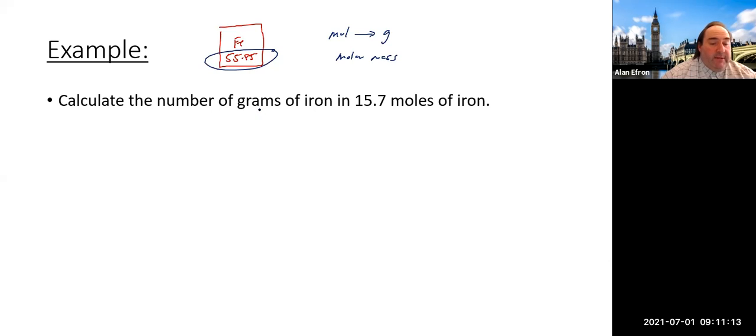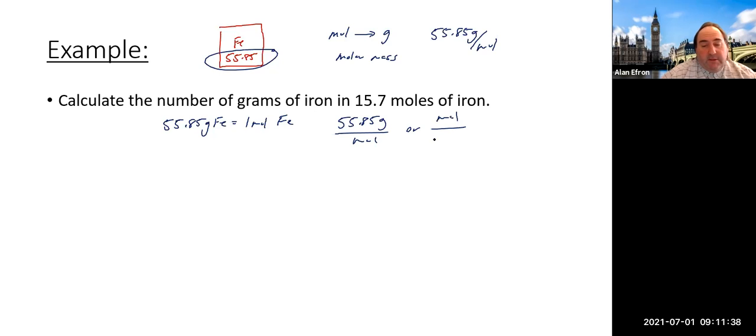When we see that number on the periodic table, that means there's 55.85 grams of iron in 1 mole of iron, or the molar mass of iron is 55.85 grams per mole. That can be used as a conversion factor, so you could set your problem up as a dimensional analysis approach.